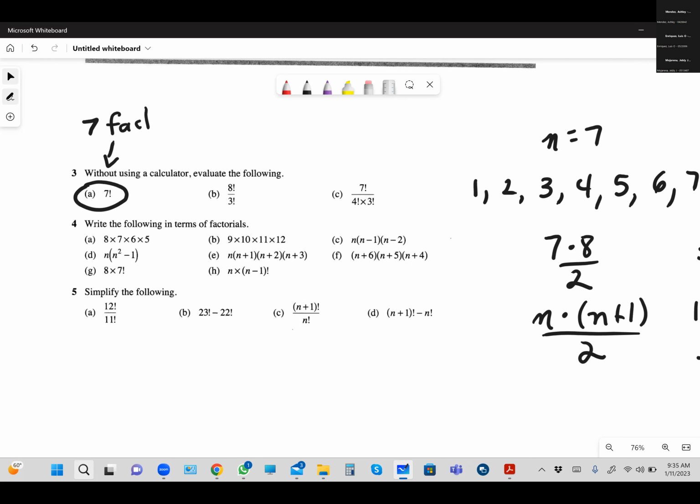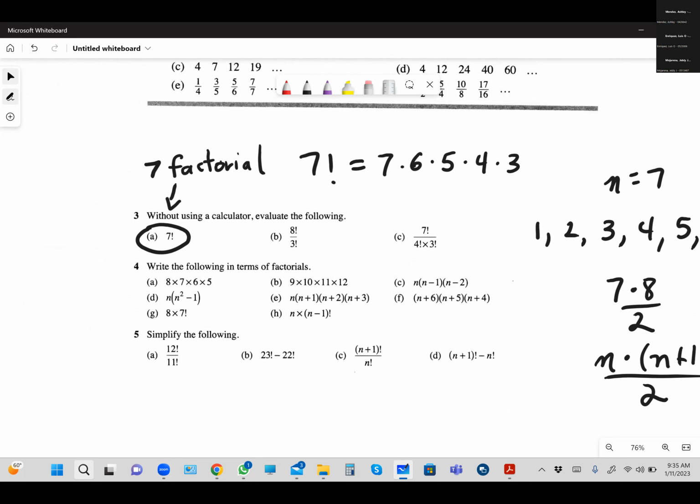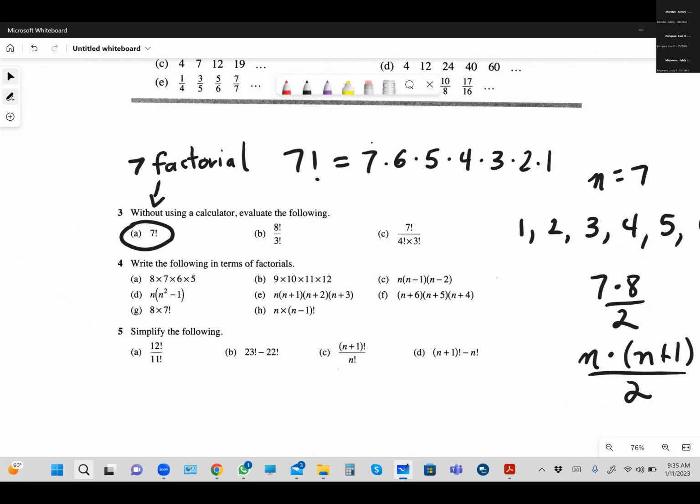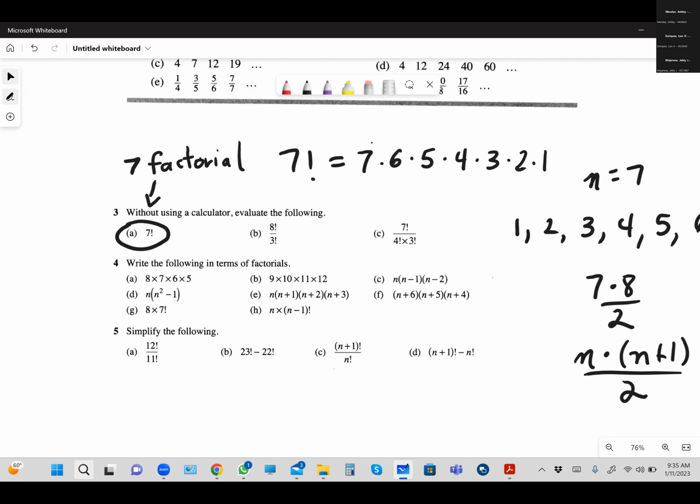Here we're adding: 1 plus 2 plus 3 plus 4 plus 5 plus 6 plus 7. Here, we're going to multiply 7 times 6 times 5 times 4 times 3 times 2 times 1. That is what it means to have factorial.